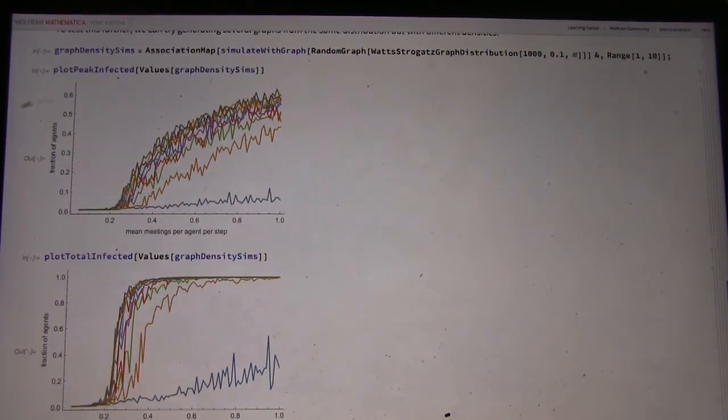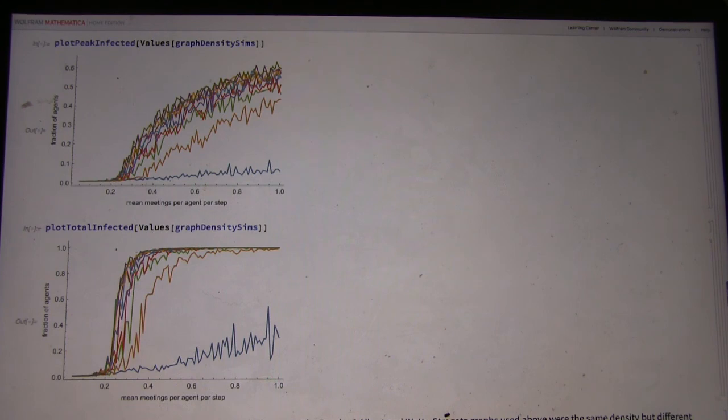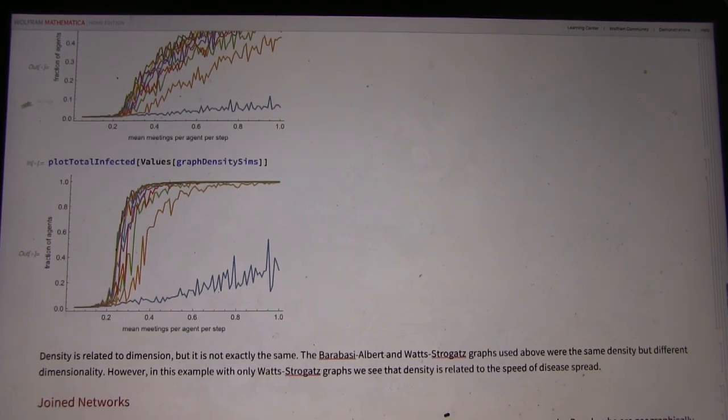Okay. So if you have a very low density of connections, then the infection doesn't necessarily spread through everything. Interesting that even slightly higher, it immediately goes back to that same behavior. Yeah, that's fascinating. What do you think about this? It seems very interesting.